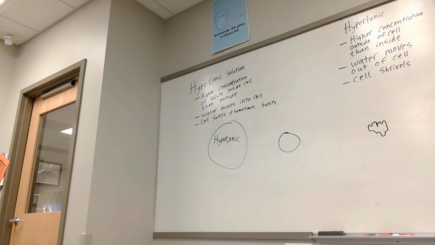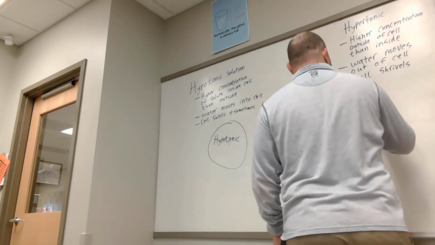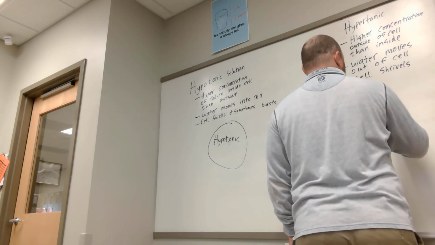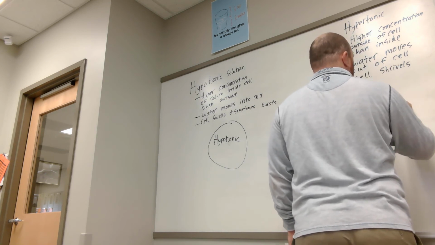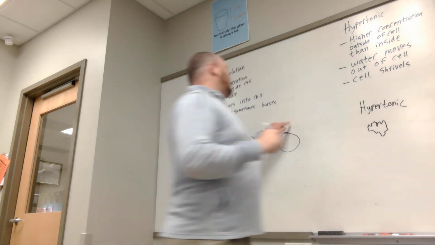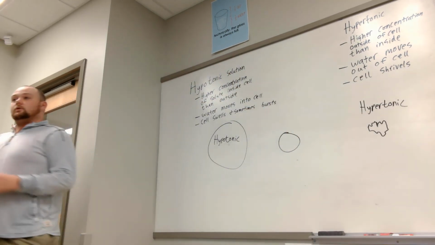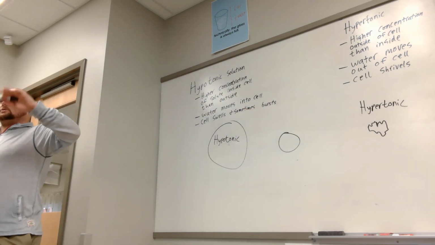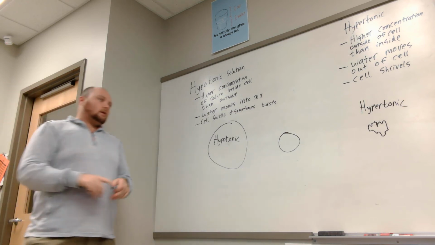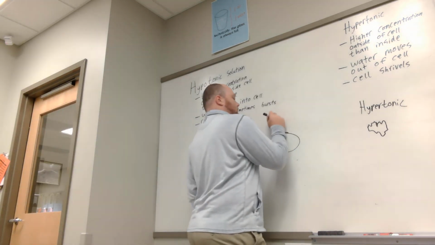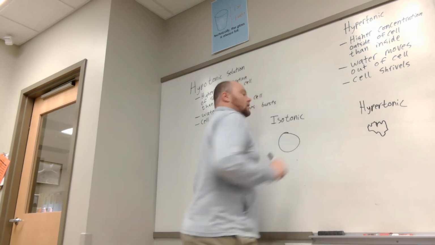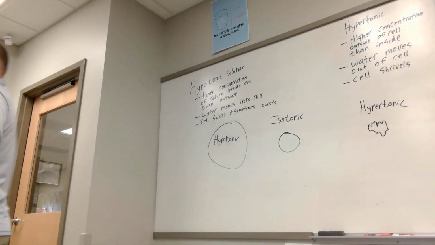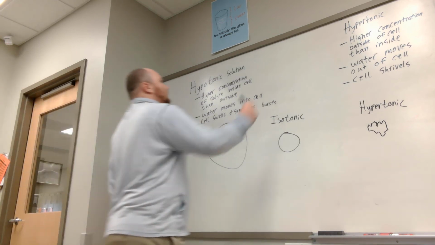So we have hypotonic, hypertonic, and now we need to talk about this one, the middle one, the normal one, where you have equal concentration on either side. Okay? Okay, isotonic. Okay.